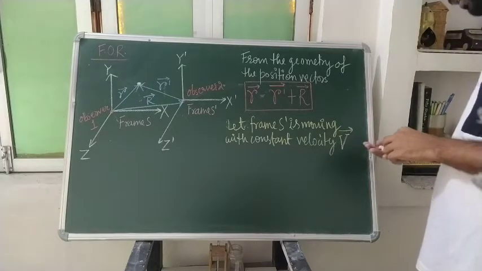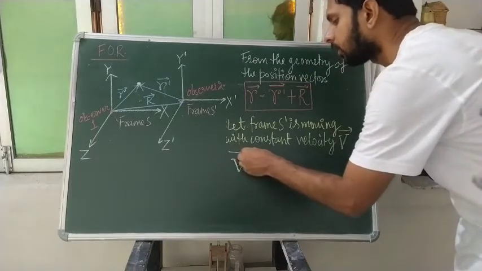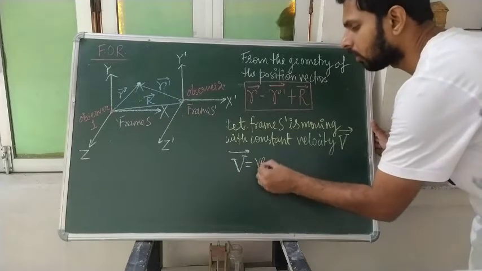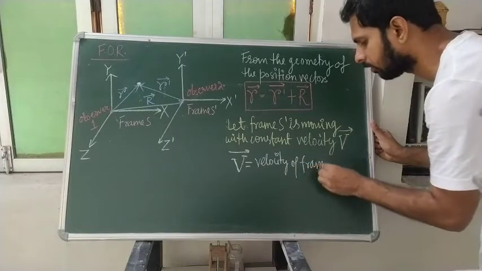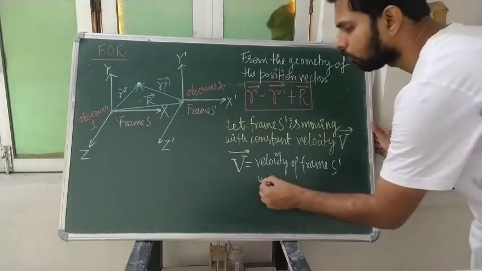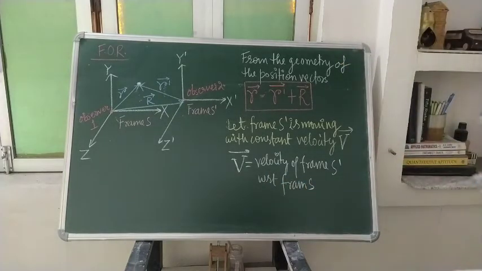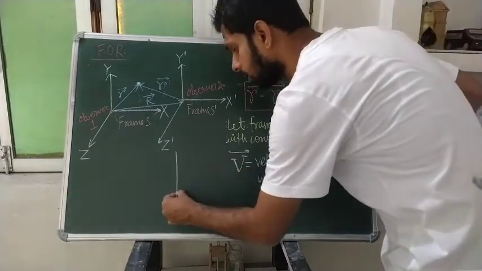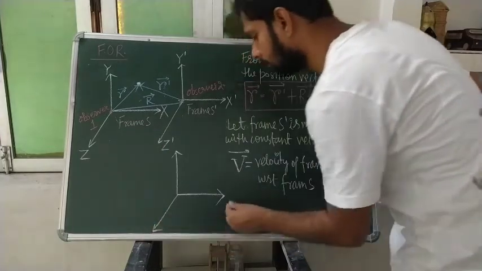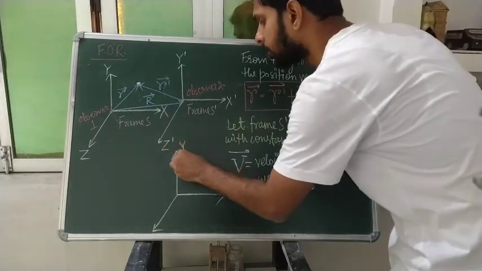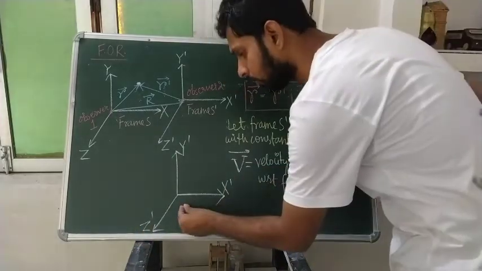This capital V vector is the velocity of frame S prime with respect to frame S. So our frame S prime, with coordinates x prime, y prime and z prime, is moving with that constant velocity. It has moved here now.